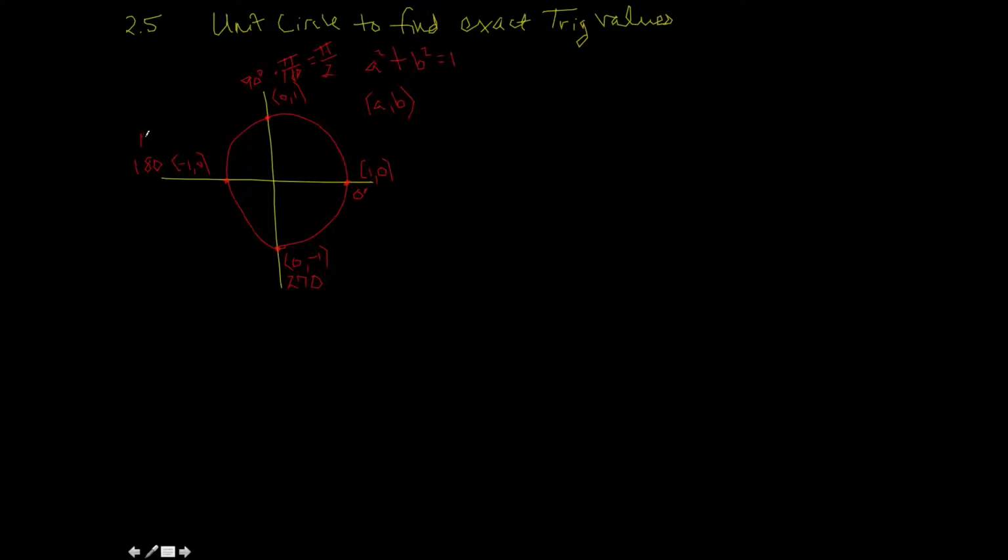And we got pi for this one, 3 pi over 2 for this one, and 2 pi for this one. Now this is 0 or 360. Remember, when we go all the way back around, 0 and 360 are in the same spot. So 360 and 2 pi are equal to one another. 0 is just 0, whether it's a radian or a degree.